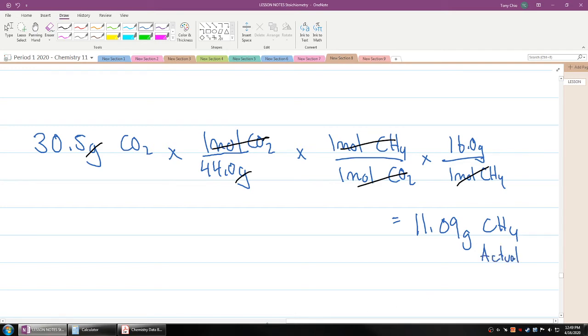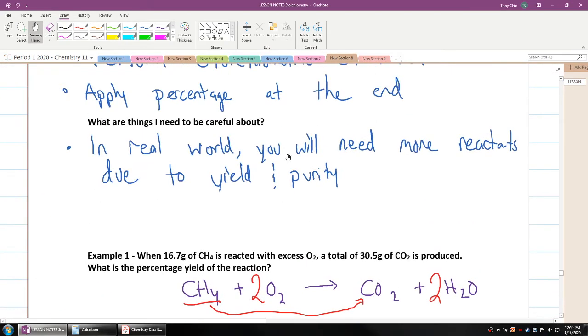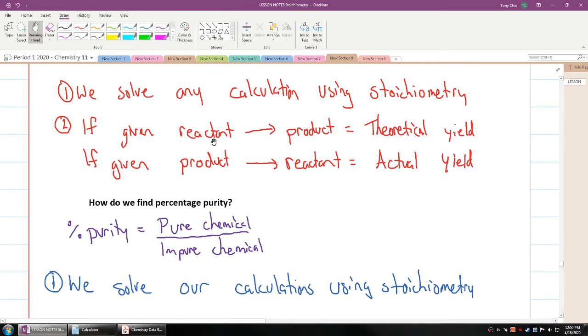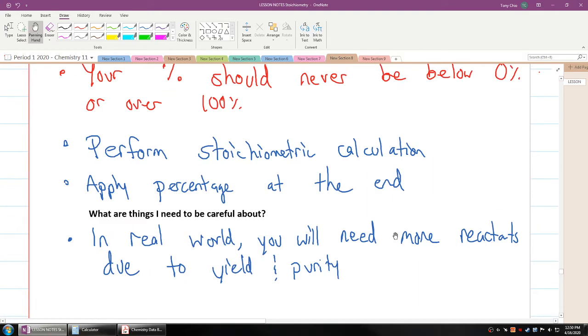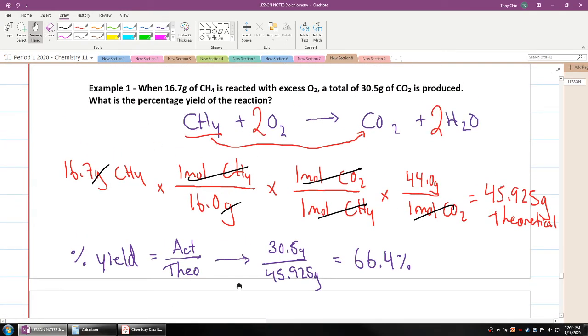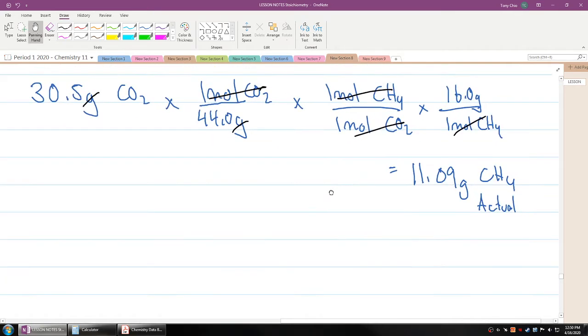Now why is this actual again? Because I'm converting a product this time to my reactant. And when you convert from a product to a reactant, you're finding the actual yield. So we did this question once, and I want to show you that you're going to get the same percentage this time again.